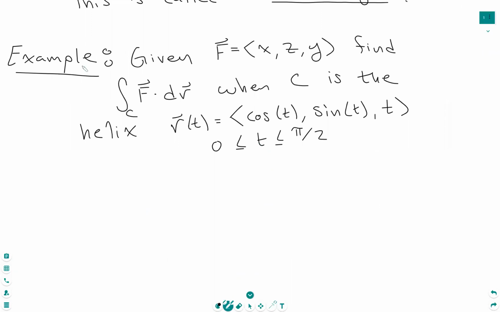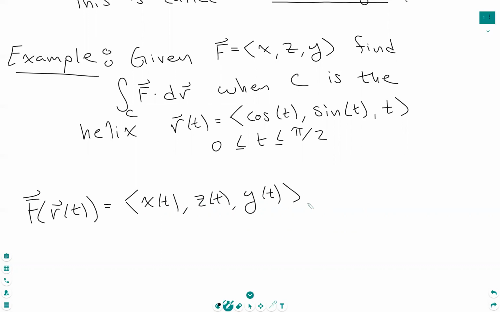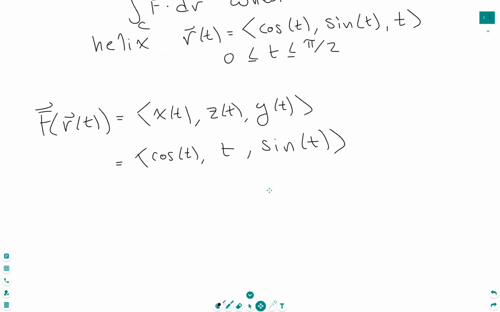So the first thing we need to do is find out what our vector field F is given our parameterization. So F of r of t is equal to (x of t, z of t, y of t), and given our parameterization, this is (cosine of t, t, sine of t). We also need to find out what r prime is.